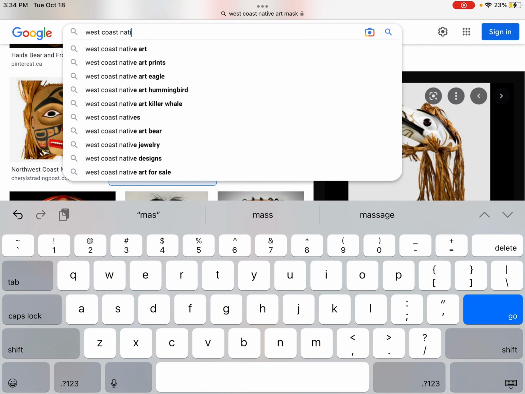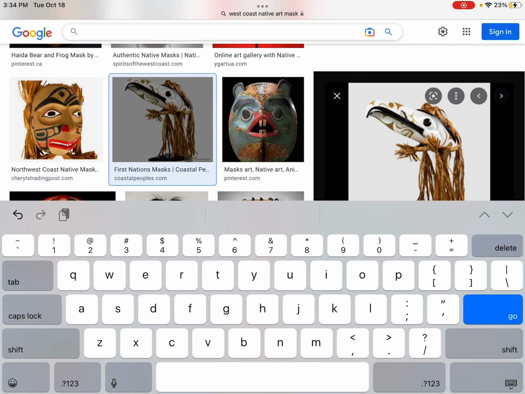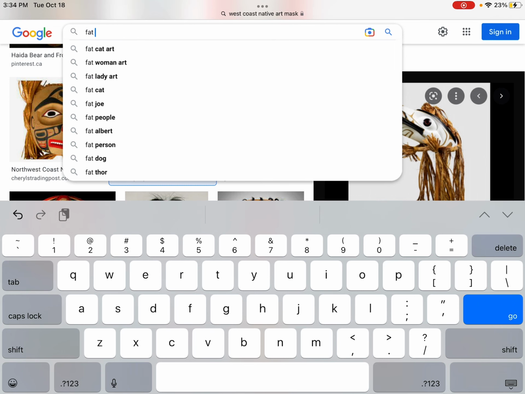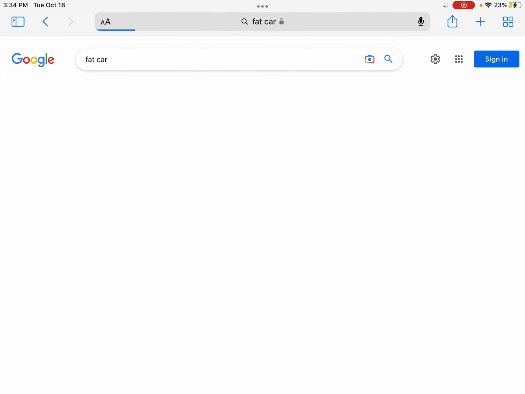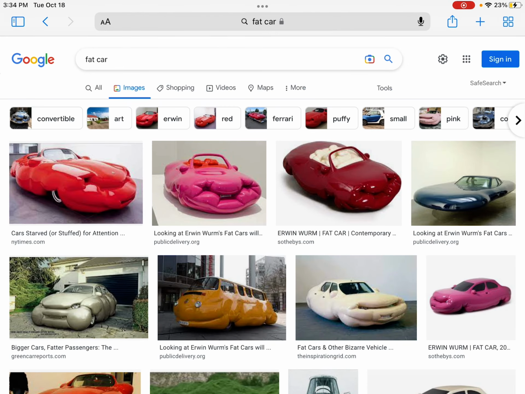Here, these are some really fat cars, for example, right? So normally a sports car or a cabriolet all look really nice and smooth and fast, but these ones are very much overweight, right?